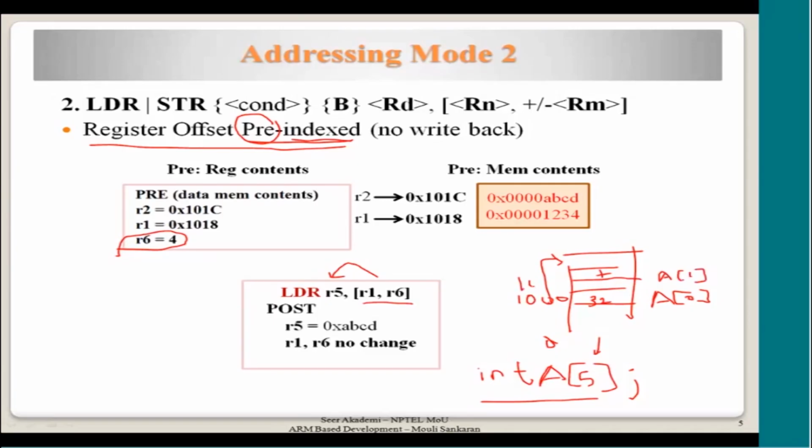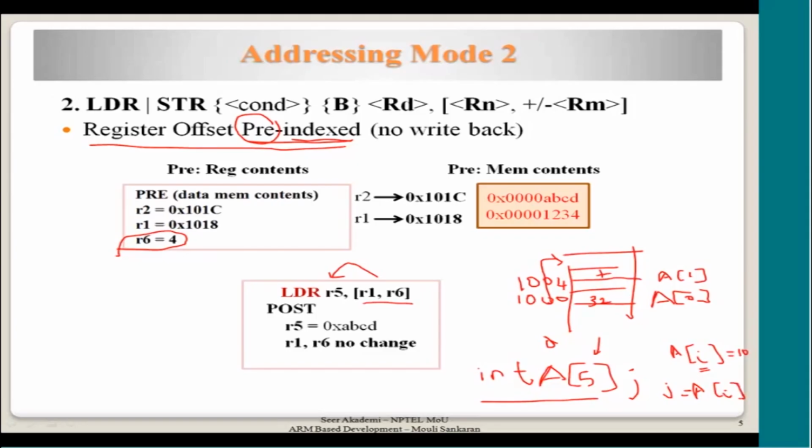Now suppose a compiler needs to generate assembly code where you are accessing A of I in a for loop. I is a local variable which you have used in the for loop, and then you will be doing I plus plus and A of I equal to 10, or you may say that J, another integer, is equal to A of I. You may do any of this, right?